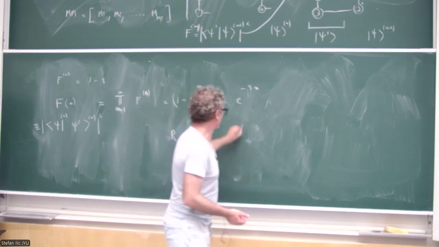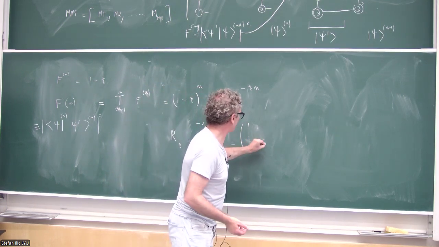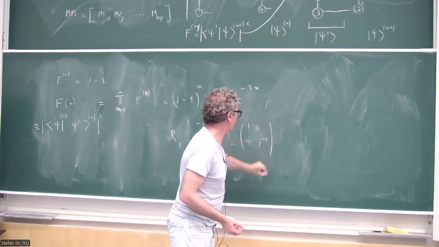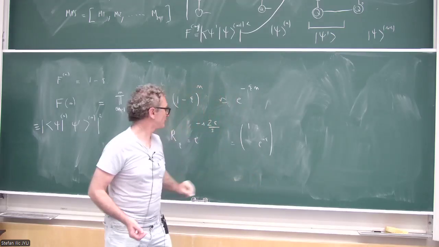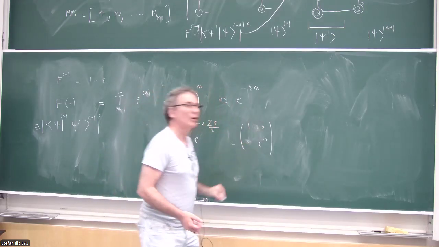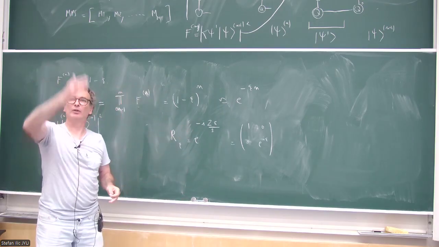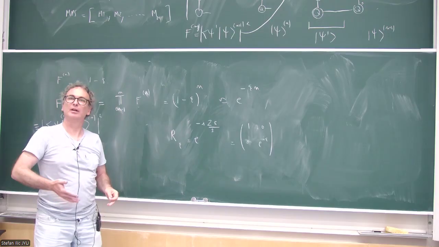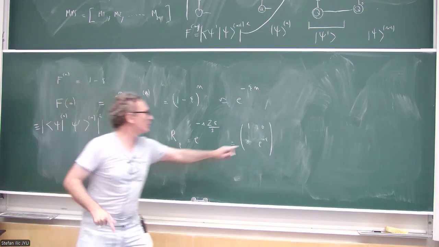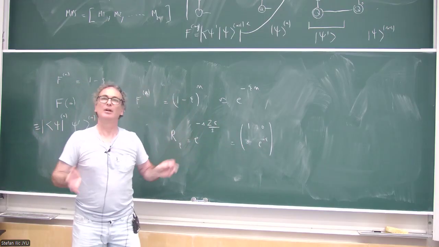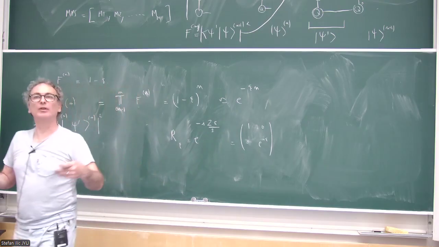You can apply a gate like that after each layer, with epsilon a random number, and that would be a coherent noise.